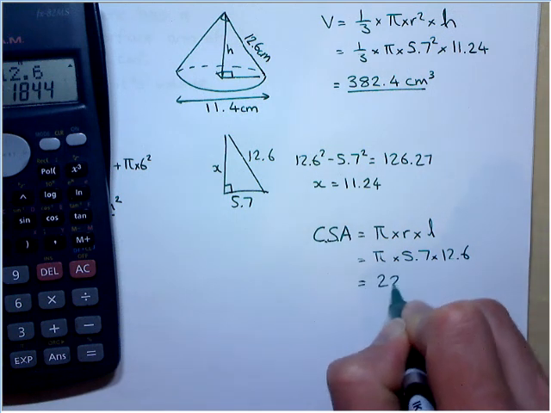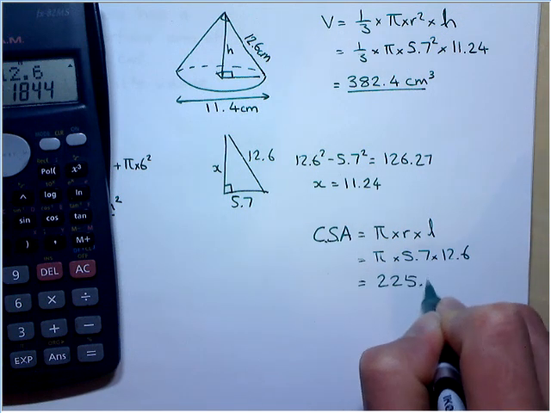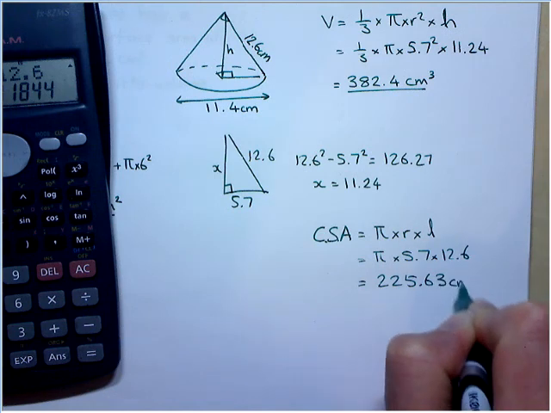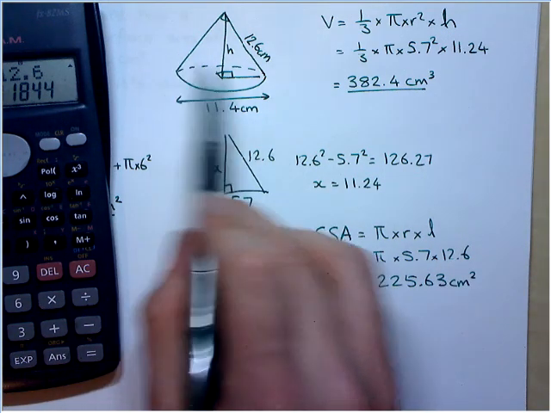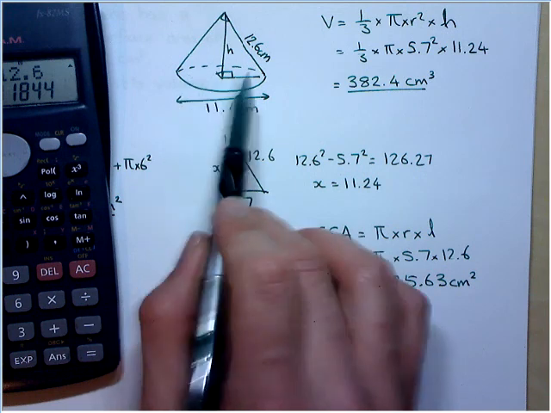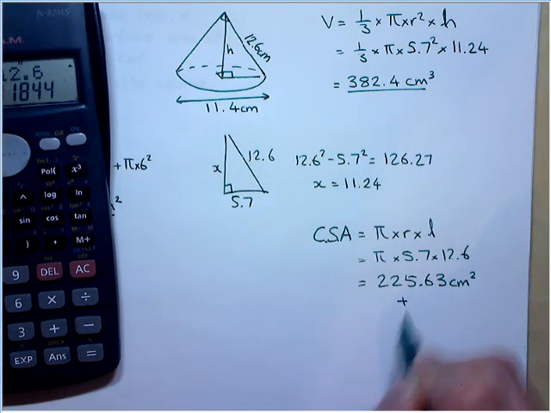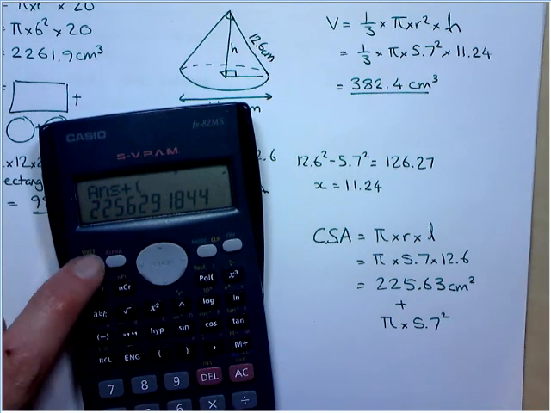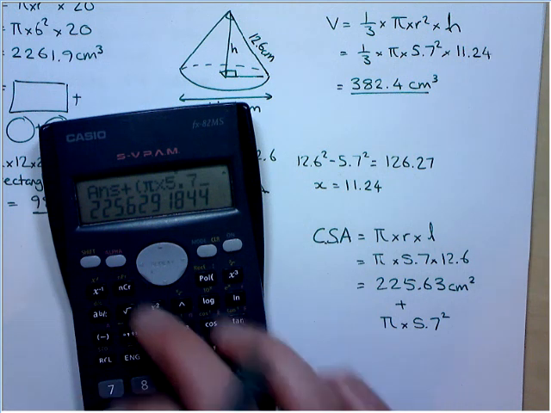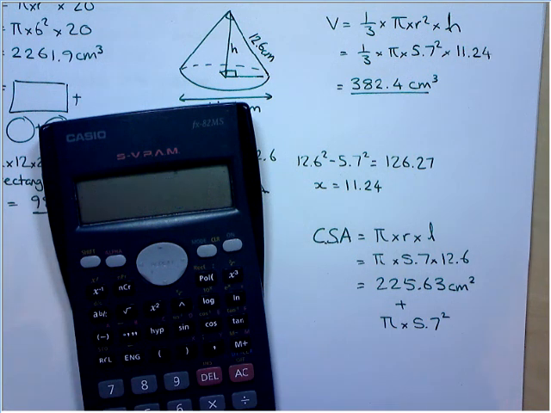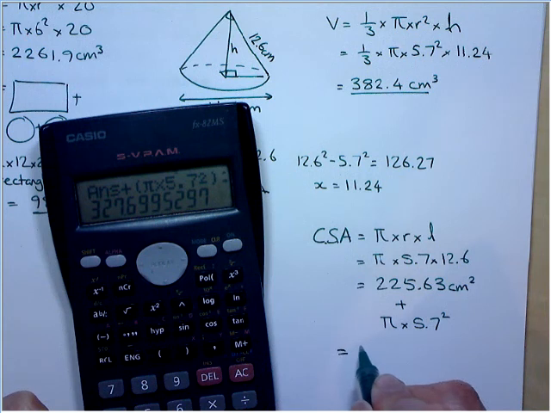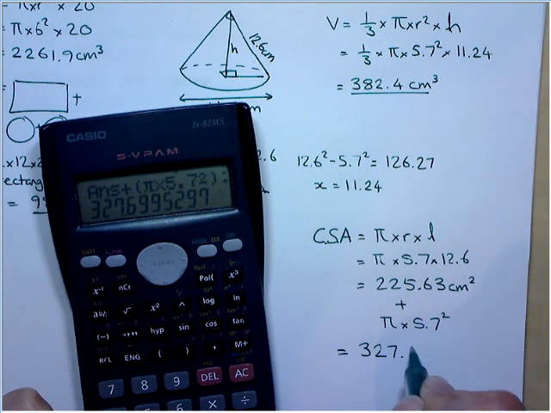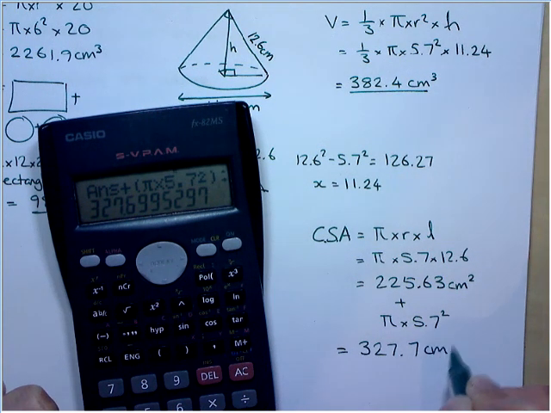So that is 225.63. But of course that's only the curved area. We need to add on this circle at the bottom. So we're going to add on pi times 5.7 squared. So I'm going to do that in my brackets, plus brackets pi times 5.7 squared. Close my bracket, hit equals, and I have a grand total of 327.7 centimeters squared.